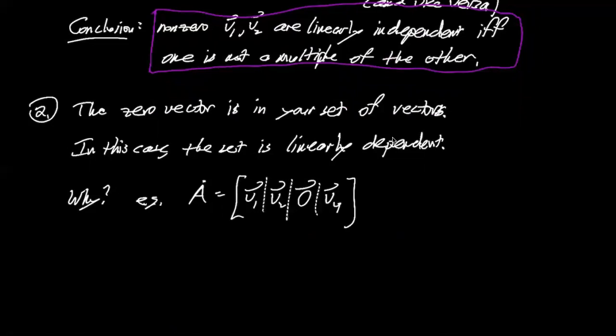If we row reduce this, the third column will still be 0, right?